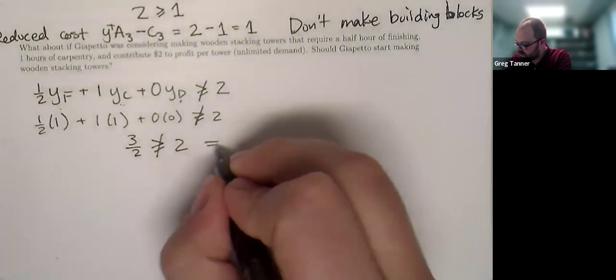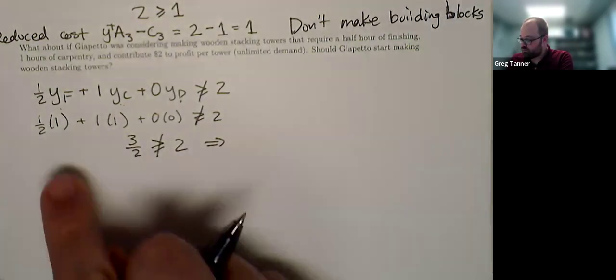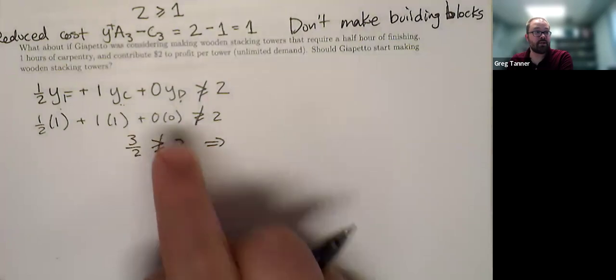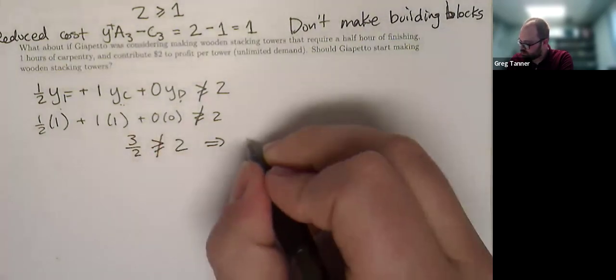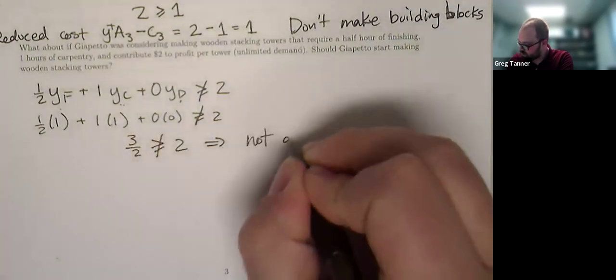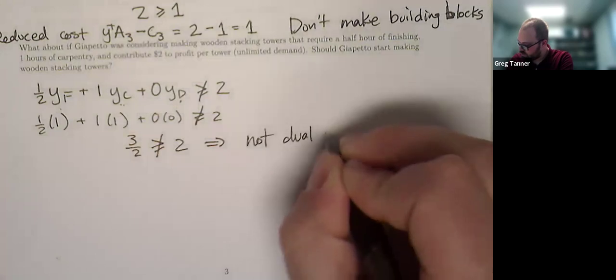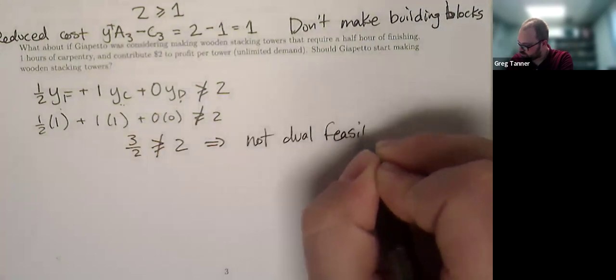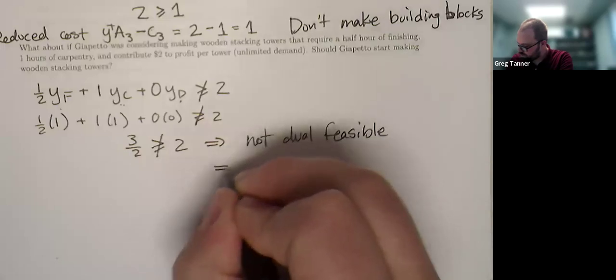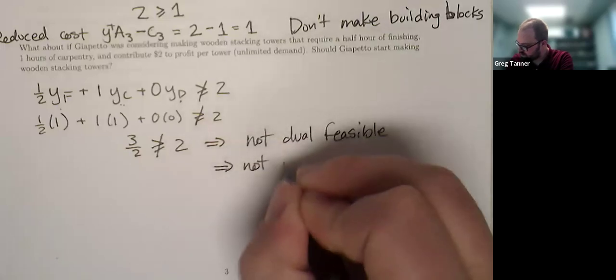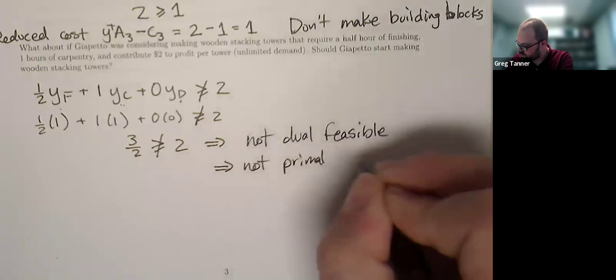This tells us that we violate the dual constraint. And so we are not dual feasible, which implies we're not primal optimal.